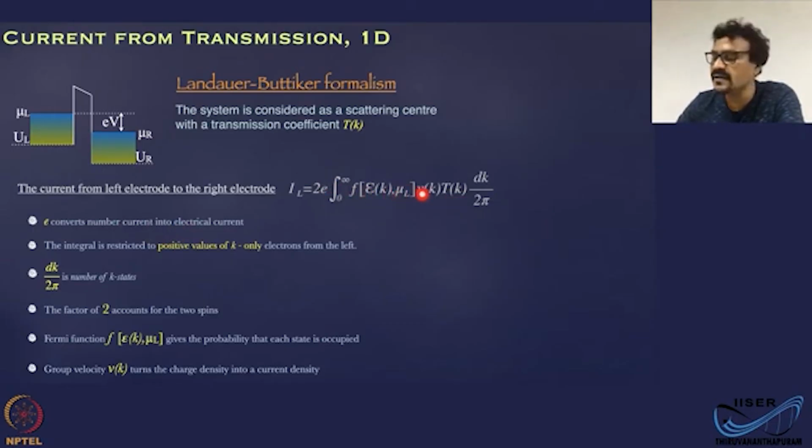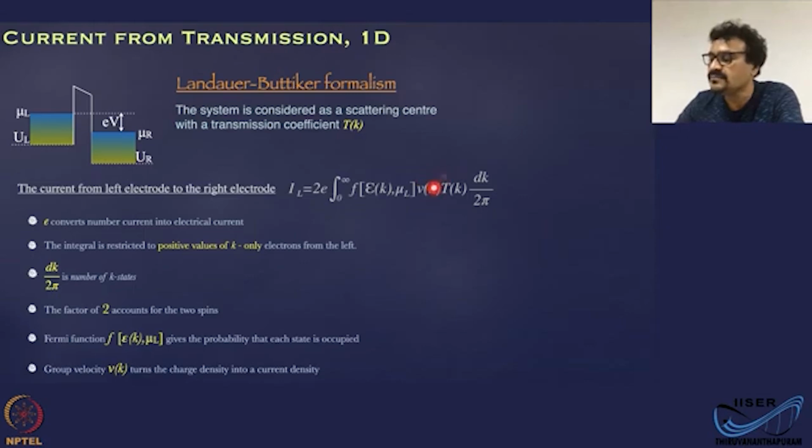The integral here has a few terms inside, but dk by 2 pi tells you how many states there are. 1 by 2 pi is your number density. In this dk window, how many states are there?